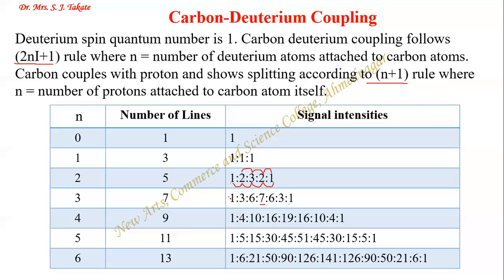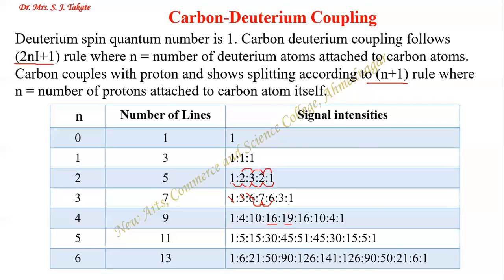Then I skip this, and just add 3 plus 6 plus 7, so it is 16. Then skip the third one also. 6 plus 7 is 13, and 13 plus 6, that is for the next line intensity, I add these three, so it is 19 signal intensity. Then skip the third one also.